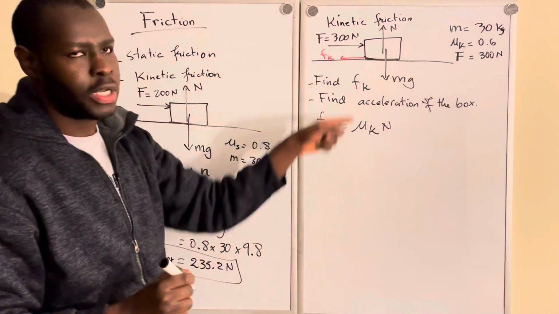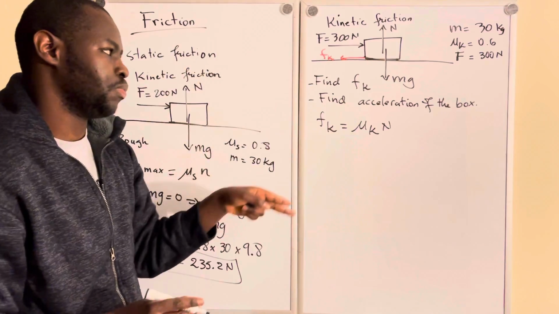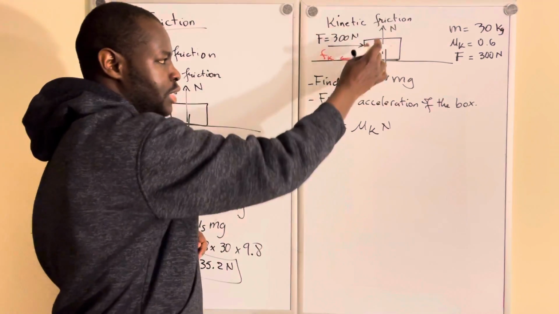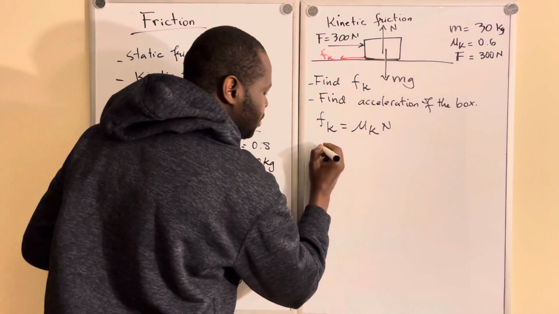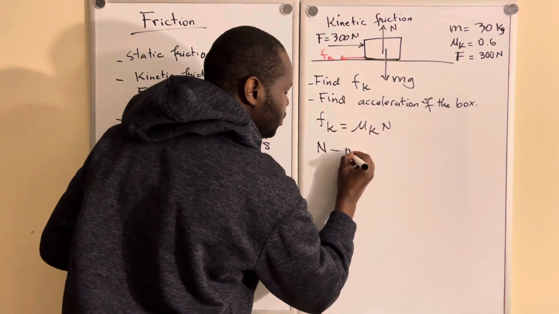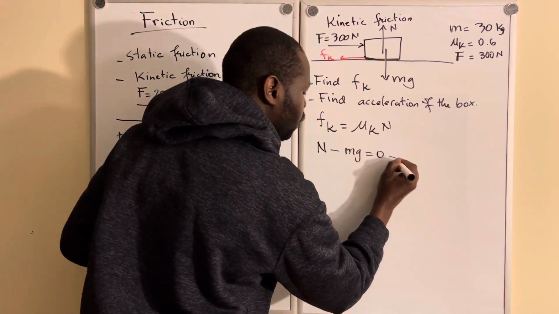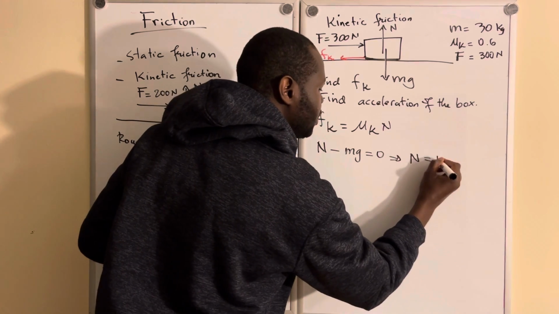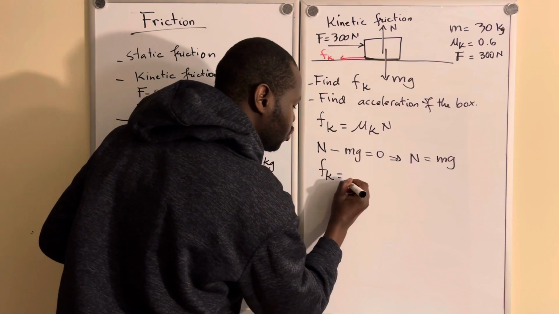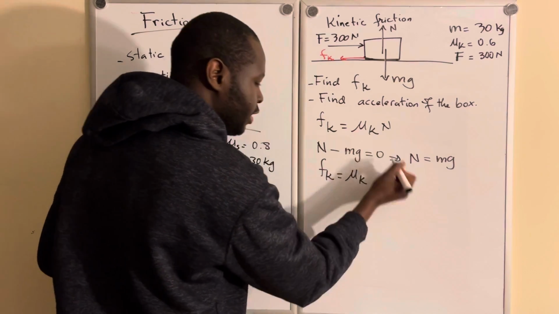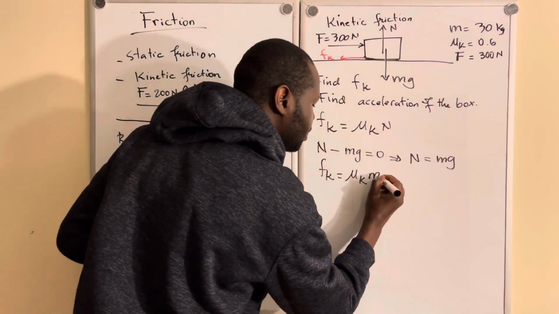Now we know that this box is not accelerating up and down, right? So the acceleration is 0, so the net force is 0 on the y-axis. Which means n minus mg equals 0, so n equals mg. Now Fk equals mu k times n, which is mu k times mg.